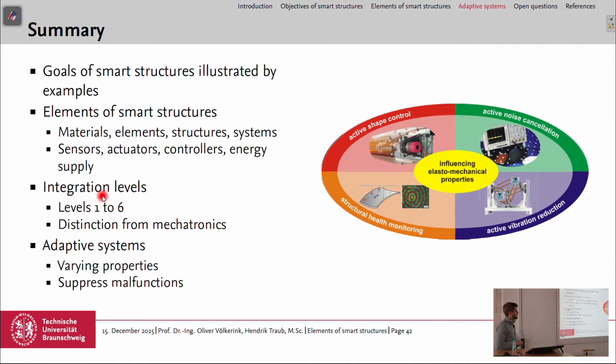We had a look at integration levels and the definitions of levels 1 to 6. We discussed a bit the distinction between smart structures and mechatronics. And we also distinguished two different adaptive systems, one with varying properties, like the example of the aircraft, high lift phase and cruise phase. The other case is the malfunction suppressing adaptive system, for example, the satellite reflector.